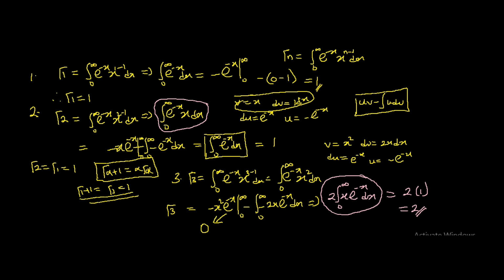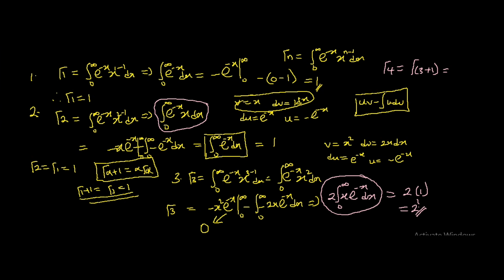But then let's use 2 factorial. Now let me give you a general expression of gamma. So now let's assume for gamma 4. What do you think gamma 4 will give us? Gamma 4 is going to be equal to gamma of 3 plus 1, which is going to be equal to what?